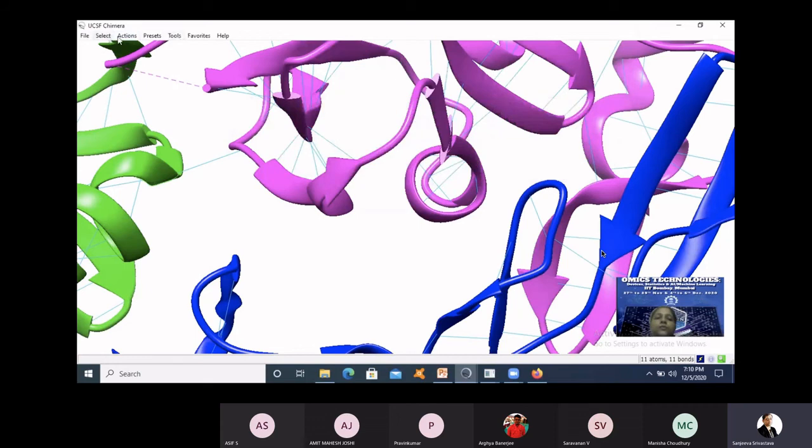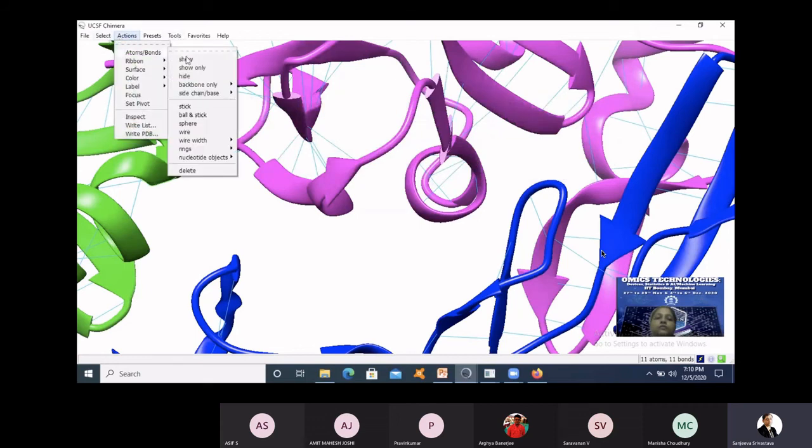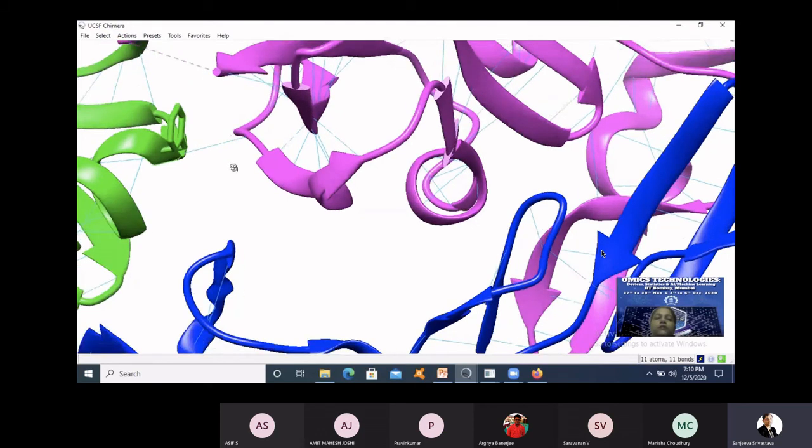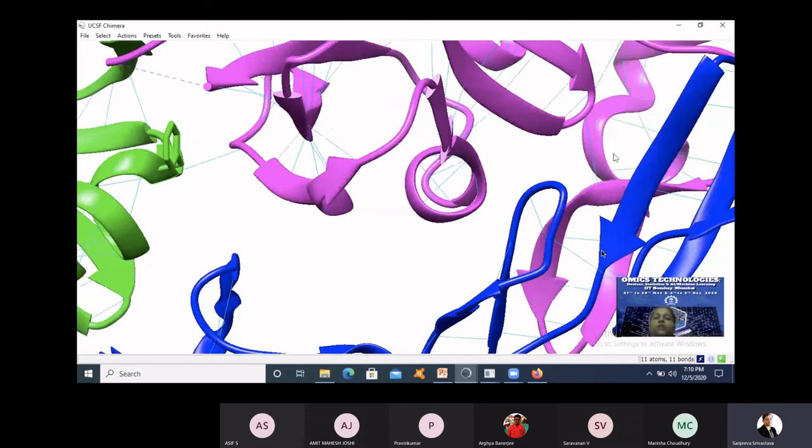Then we'll go to tools, actions, atoms, show. Now you can see this particular atom is being shown, because whatever we were seeing here was the ribbon form. When I selected the residue and asked to show it as sticks, it shows that particular residue in the stick format.